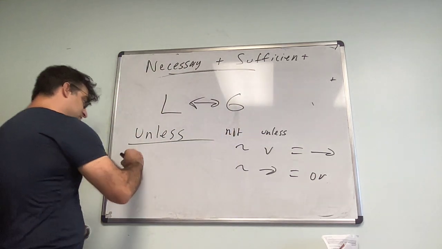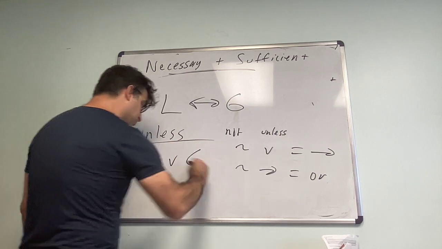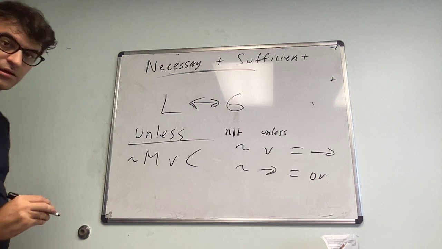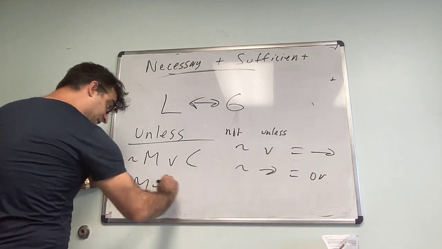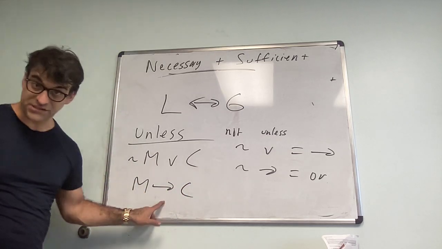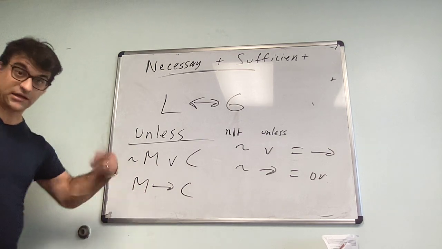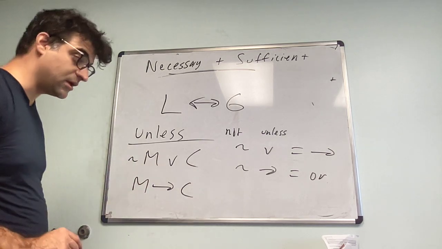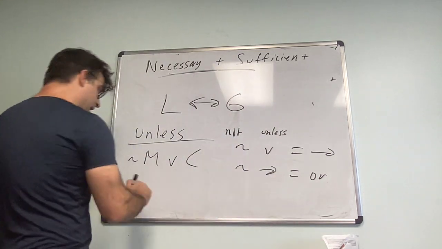We will not go to the movies unless you clean your room, okay? That's the same as saying this: if we go to the movies, then you clean your room. So not or you can turn into the arrow, and not arrow you can turn into the or, right?